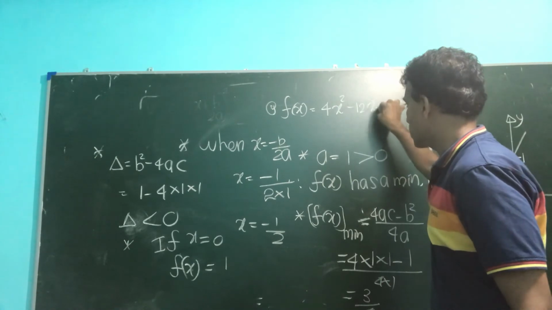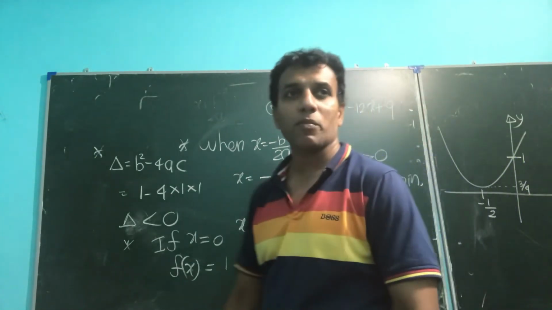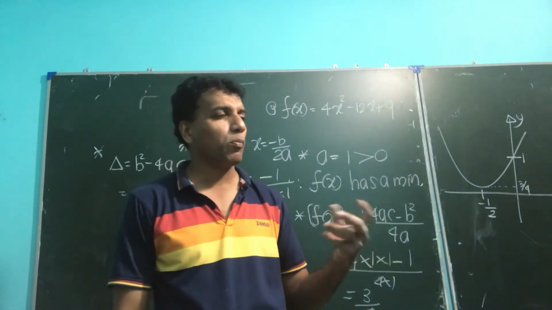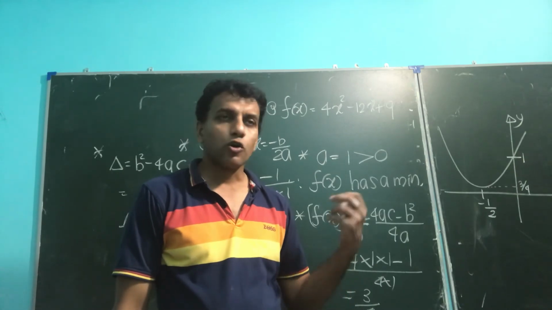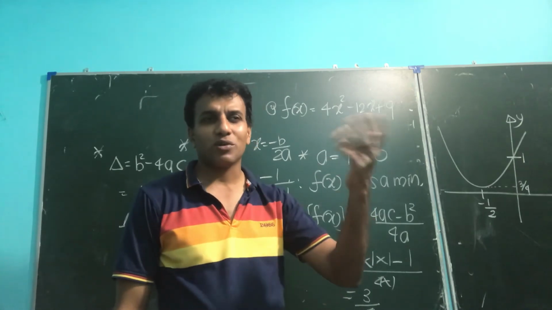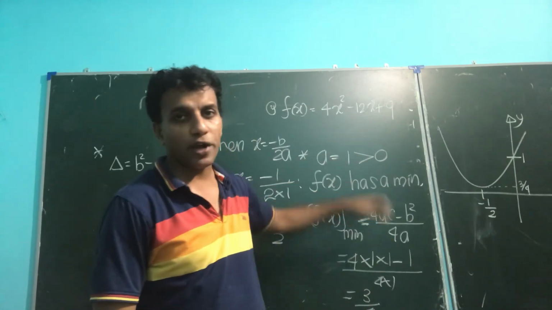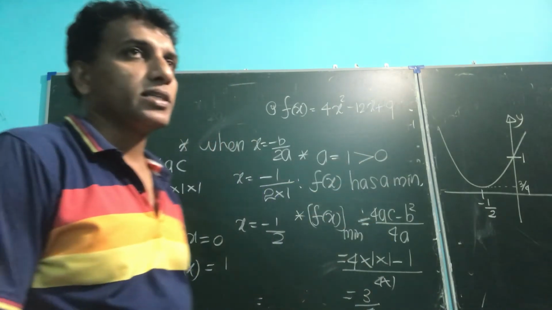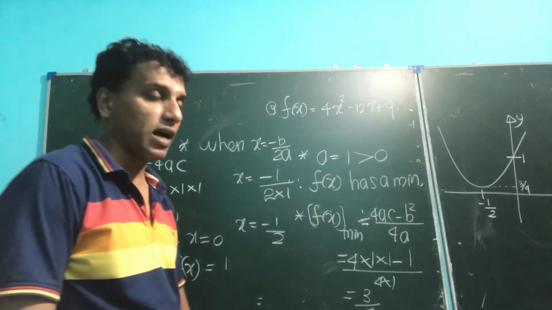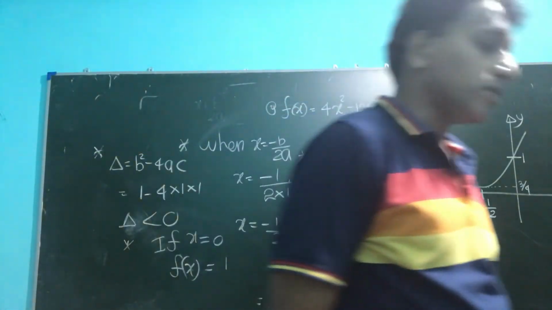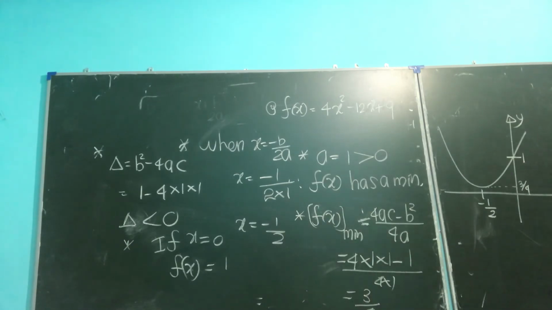See this next question. The same problem: by finding the maximum or minimum, draw the sketch. I already said the question, I will not say it once again, it wastes time. So 4x squared minus 12x plus 9. Start, try the work, follow the same procedure.